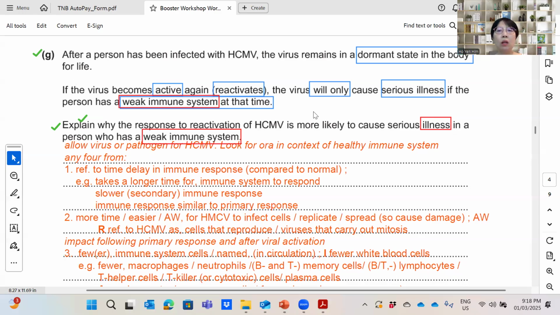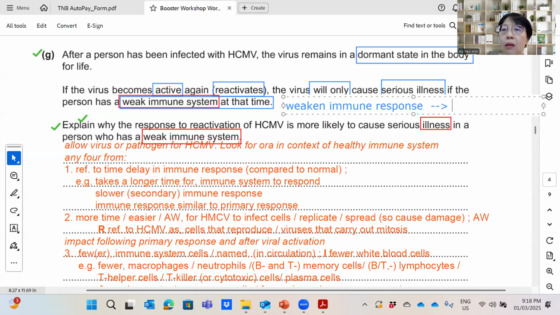So your answer must start with what you mean by weakened immune response. You must tell me what doesn't work, compared to a normal person's body with a strong immune response, and how this will lead to the person becoming ill or sick.